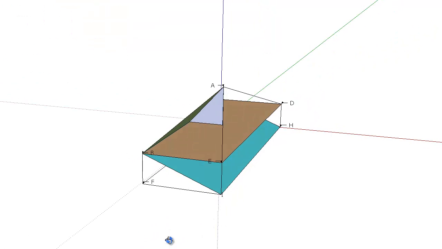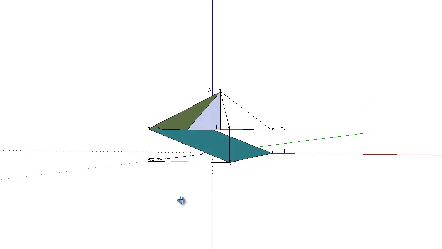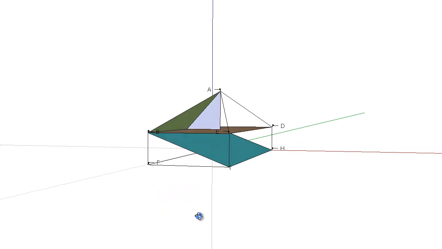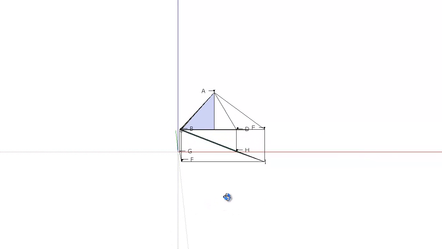Now we have to think about the angle between the floor of the pyramid and this slanted, inclined plane. We have to find this, and this is the same as this angle over here, angle B, so it can be IBE. This is the angle we're looking for.